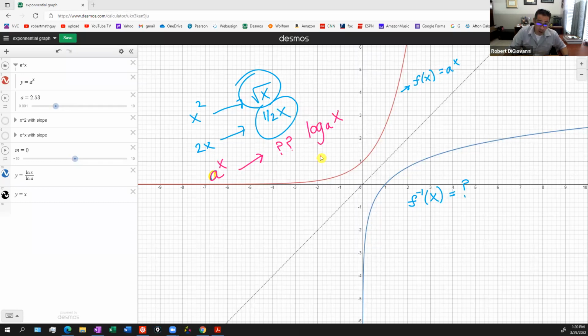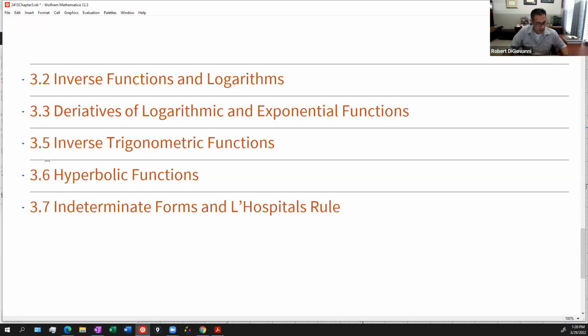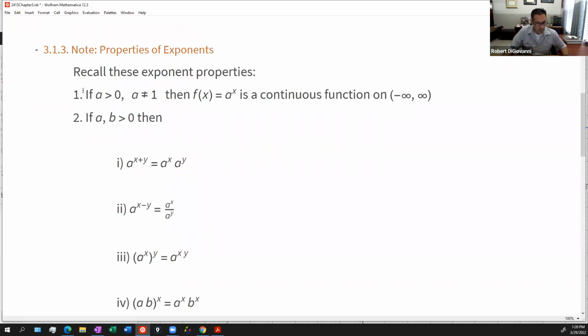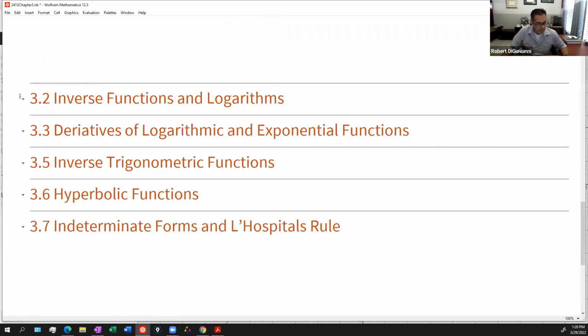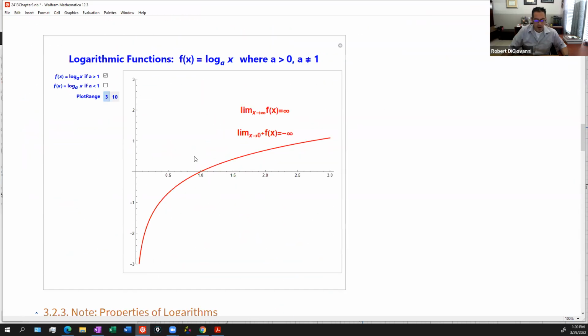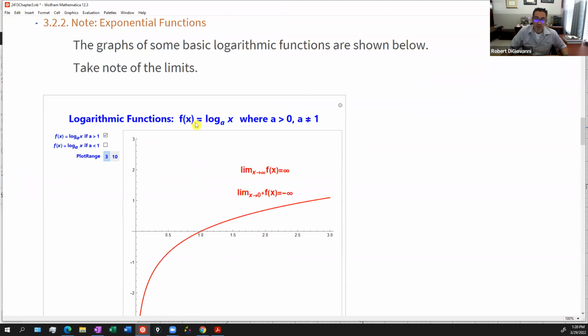So let's talk about logs. Let's get into the notes for this. What does a logarithmic function look like? f of x equals log base a of x. That a right there is what we call the base of the log.